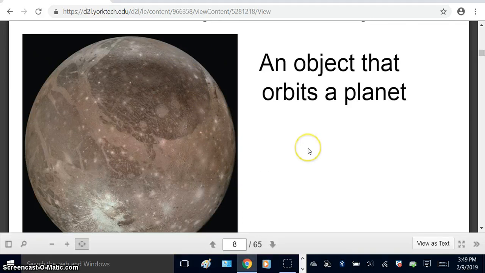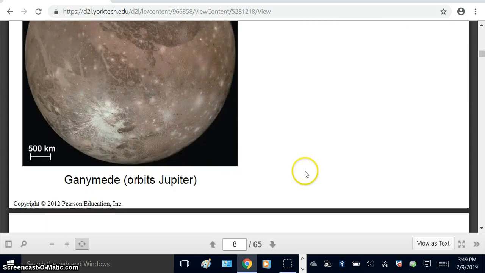There are many satellites around our planet now for lots of different things, communication satellites, things like that. But we have one natural satellite. Mars, for example, has two. They're very small, Phobos and Deimos.